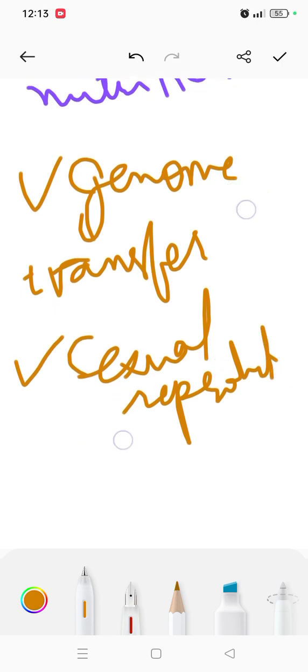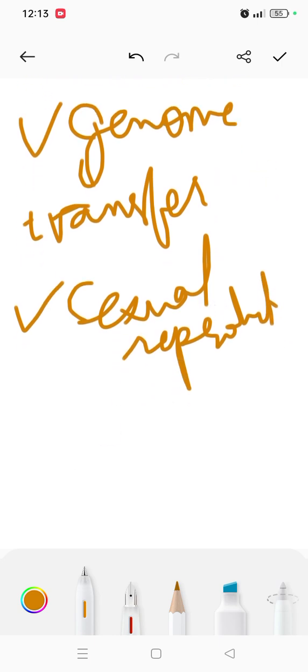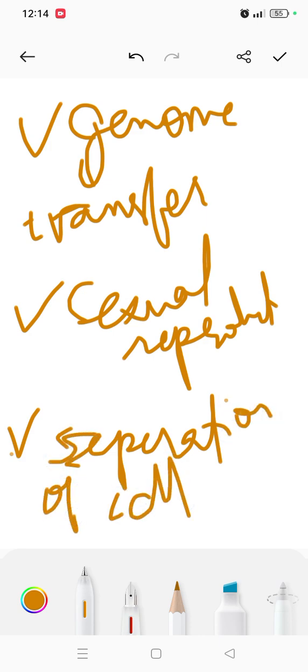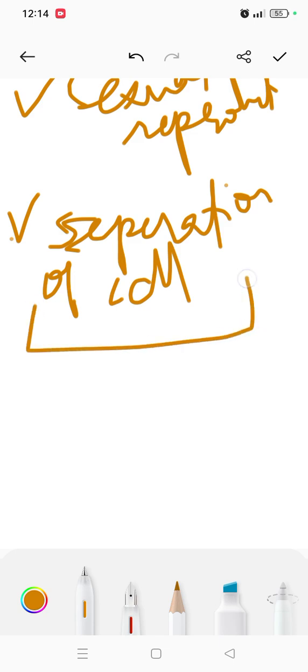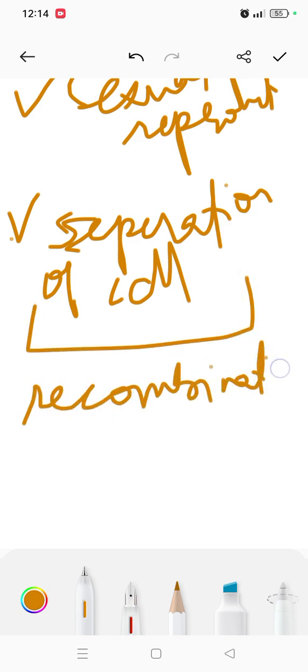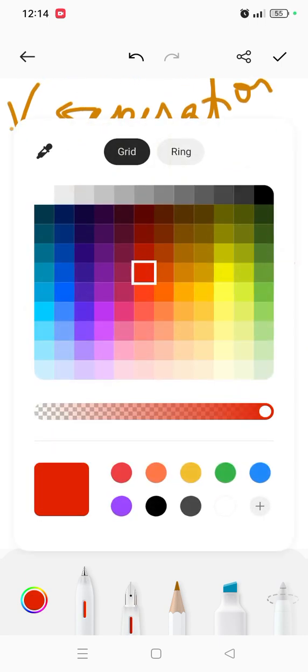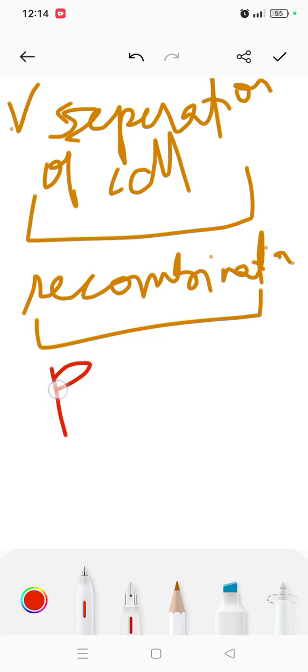And there are a few other steps, like separation of the cell, which will also occur. That step is also called recombination. So what is recombination? Recombination is simply a process where there is no population increase. I have told you in the last few videos as well.